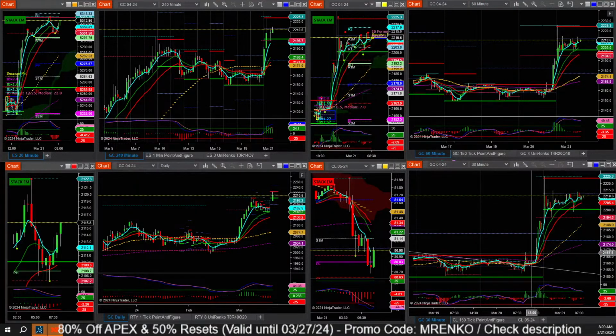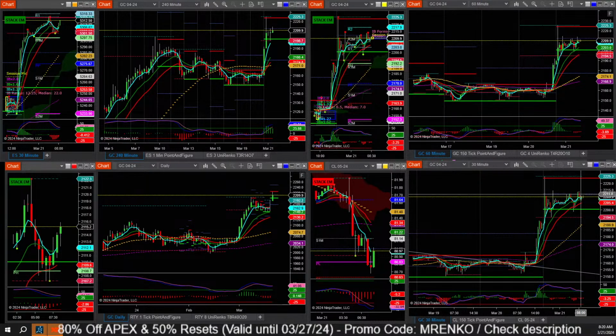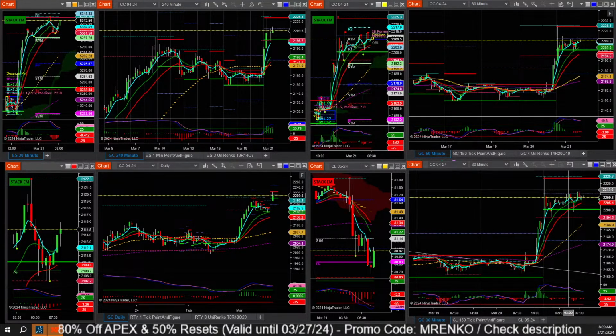In the 30 minutes, same situation. We are ranging now after this big move in the 240s. But in the 30s, we are threatening to go to the upside here in a range similar to a bull flag.